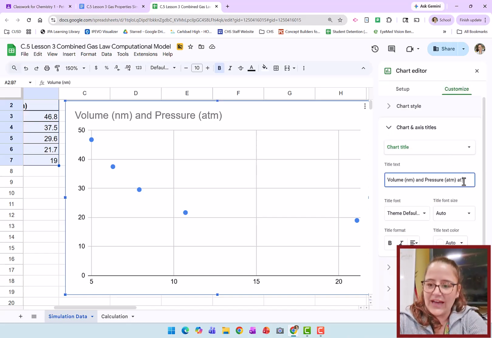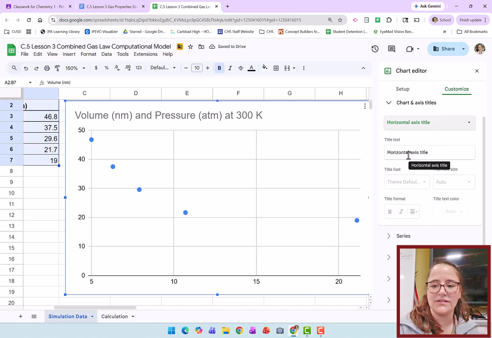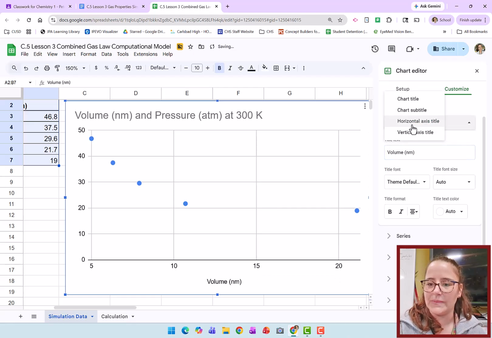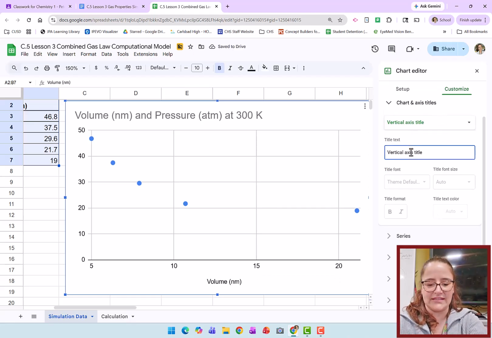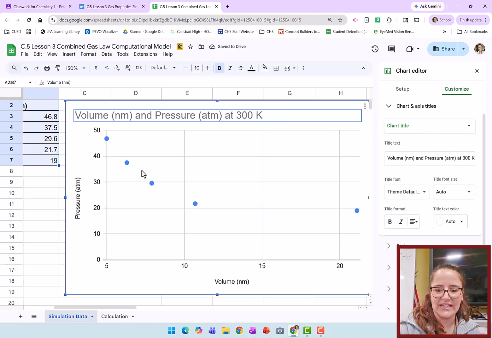I'm going to add 300 K constant to the top of my graph. Then I'll add the horizontal axis title, the volume in nanometers, and the vertical axis title, the pressure in atmospheres. And we can see that sort of inverse relationship.